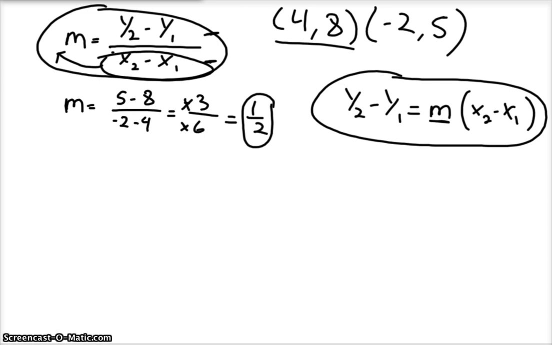Okay, so here's how it looks. We have our y1 is 8, so we have y2 minus 8 equals 1/2 times, remember x2's got to stay there, x2 minus, what is it, 4.